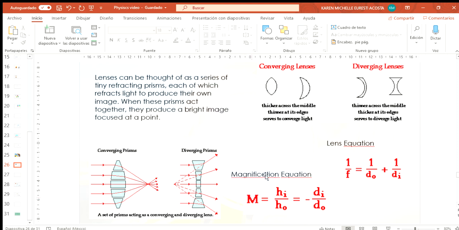The M is for magnification, H is for the height of the image and the object, and D is for the distance of the image and the object. We can see how the light goes through the lenses, like how different it is.